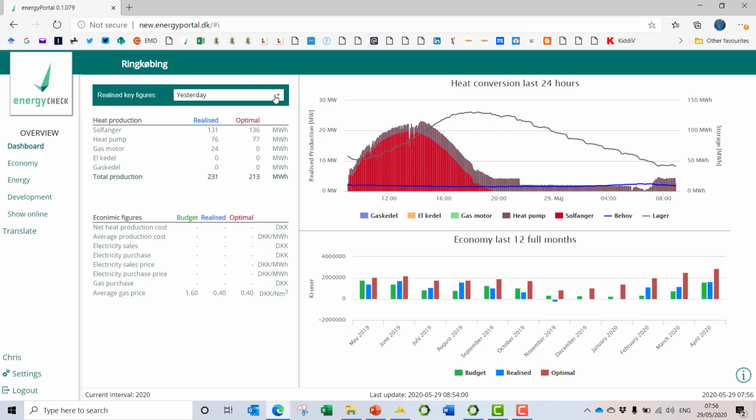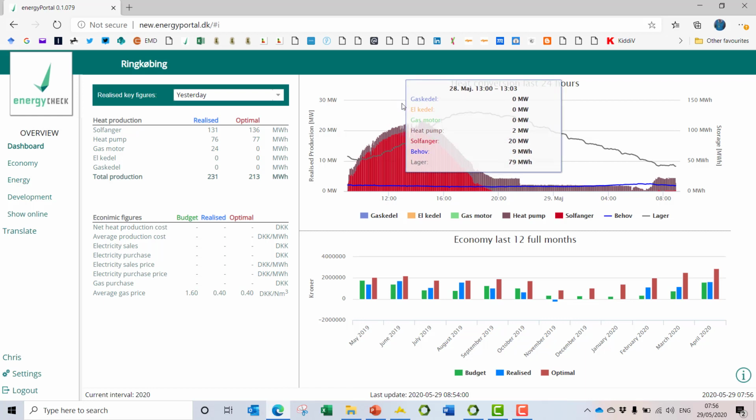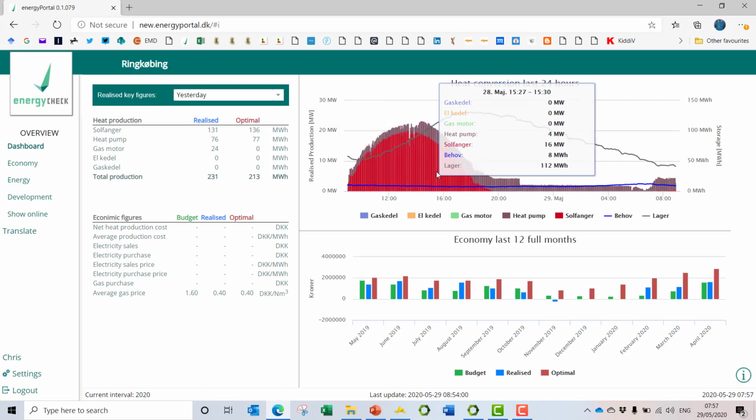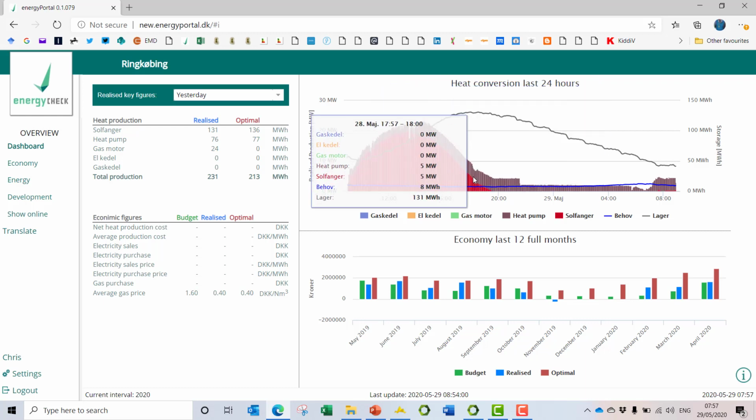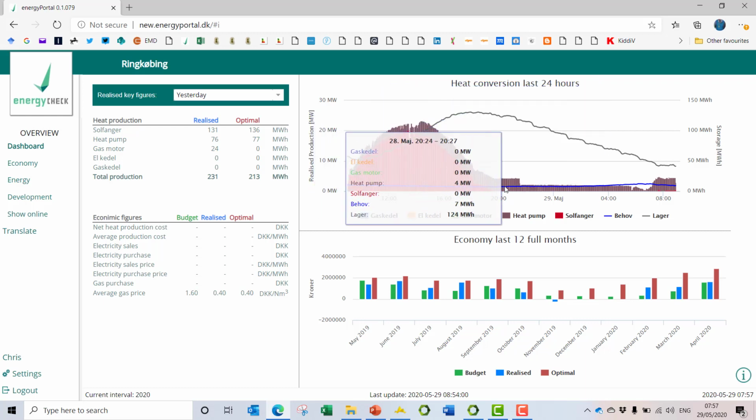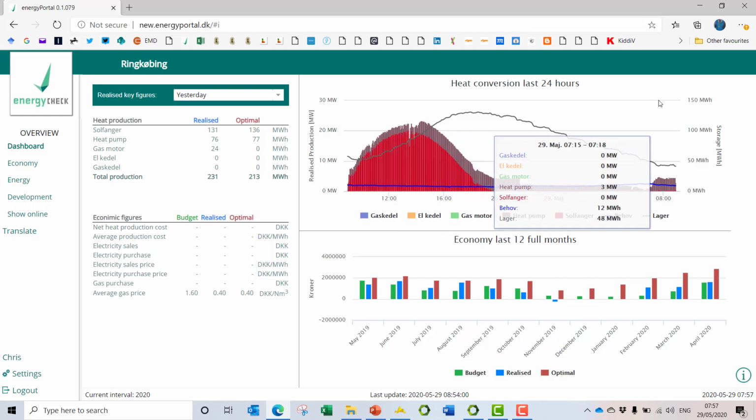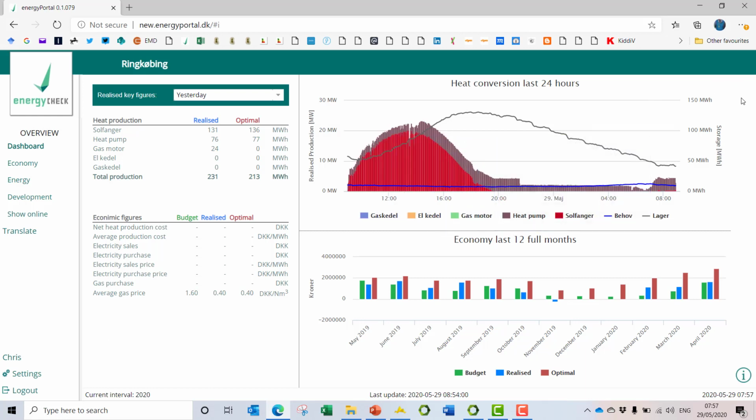And there's a district heating system, as is typical in Danish towns and cities. And you can see they've got a field of solar thermal in red here. They've got an air source heat pump. Obviously, we're in May, so there's a lot of solar thermal. And the air source heat pump is operational.